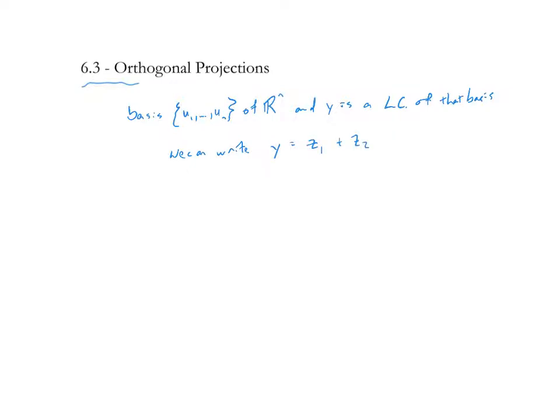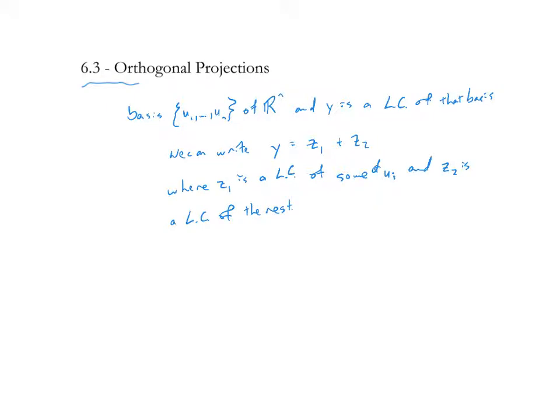So we're decomposing it into a sum of two different vectors where z1 is a linear combination of some of those basis vectors, of some of the ui's, and z2 is a linear combination of the rest. It kind of makes sense that we can group them like that.